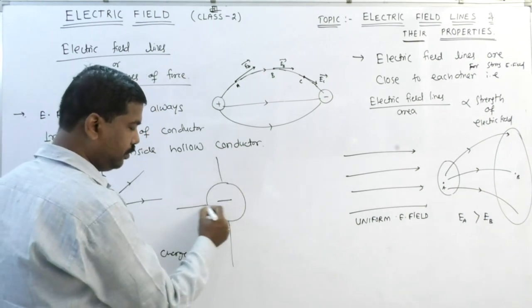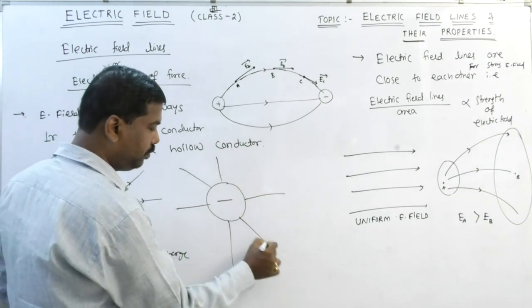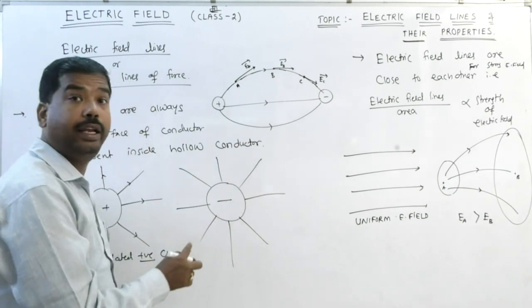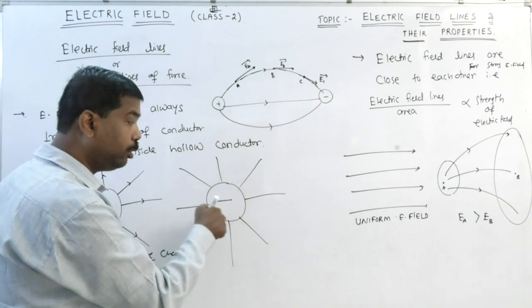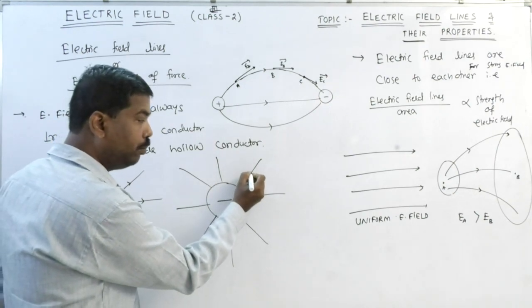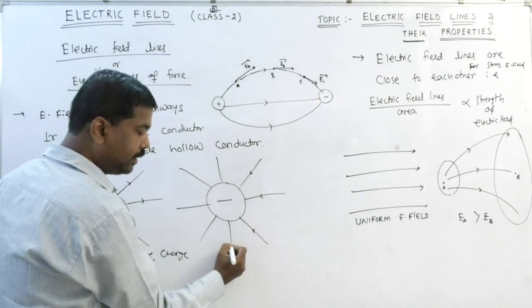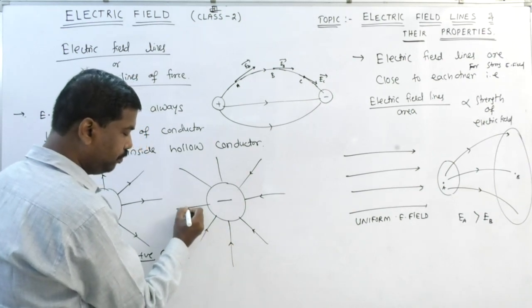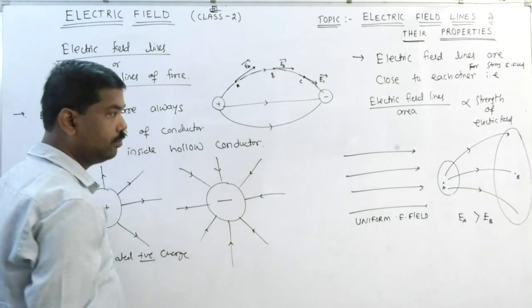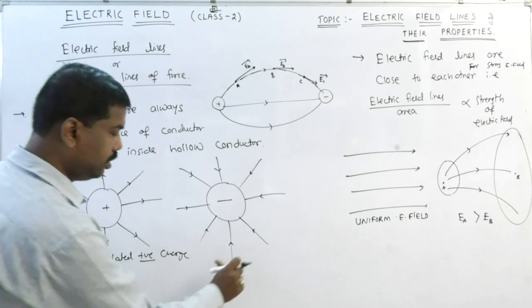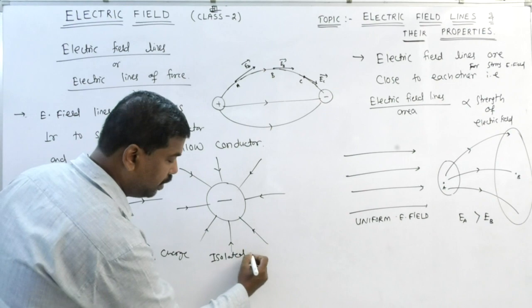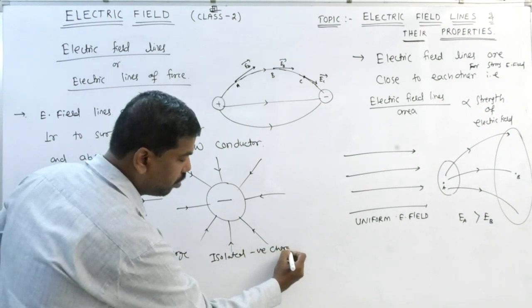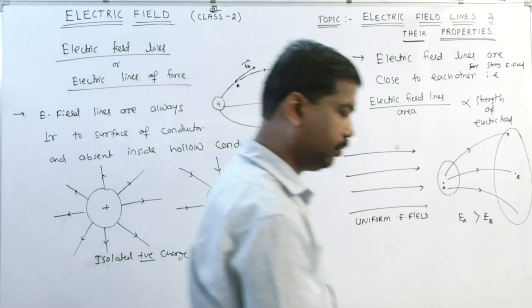Same thing: electric lines of force are perpendicular to the surface of the conductor and move towards the negative charge. So this is for an isolated negative charge.